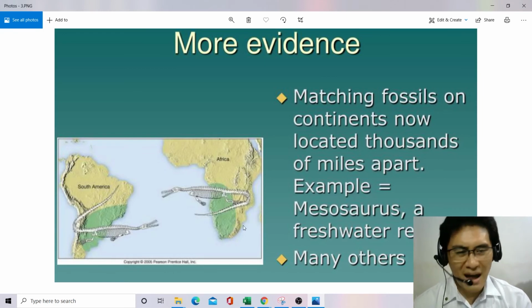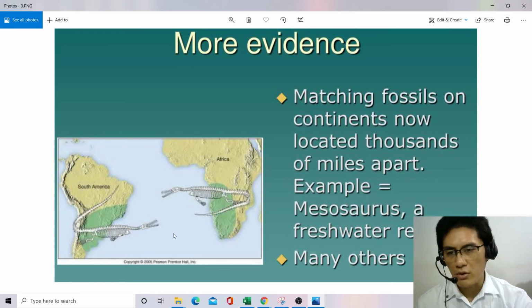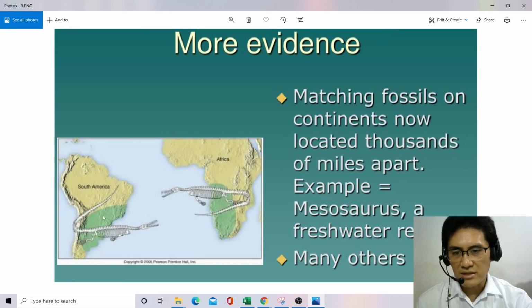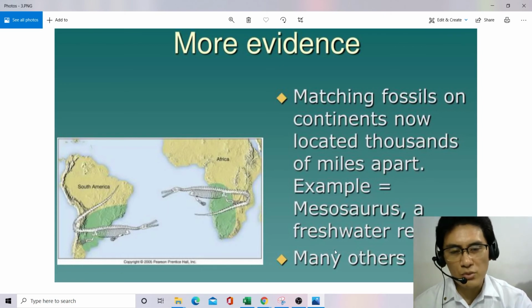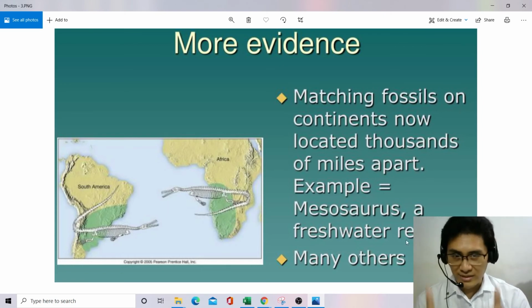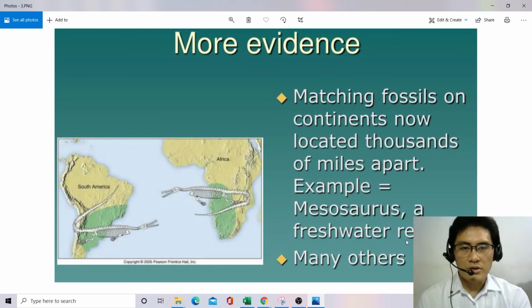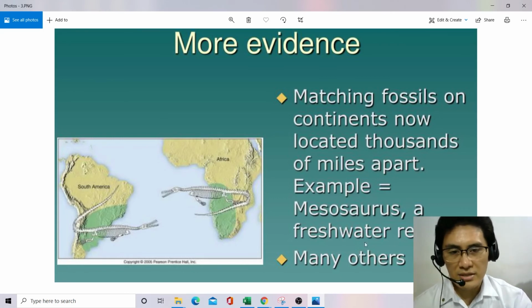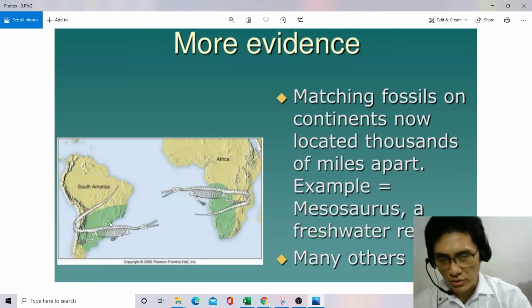This baffled the scientists because in between these two continents is a big ocean, and this is a freshwater reptile. Keyword: freshwater. So it only lives in freshwater. It couldn't swim across the ocean.